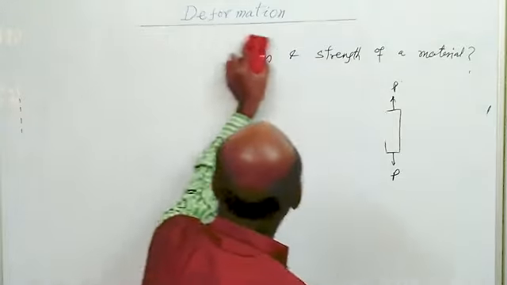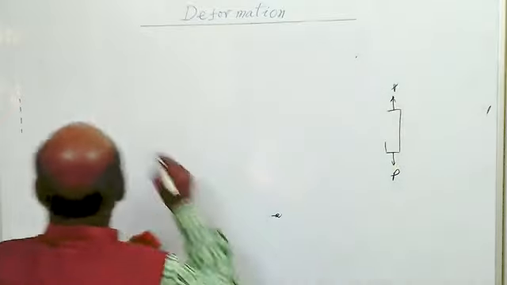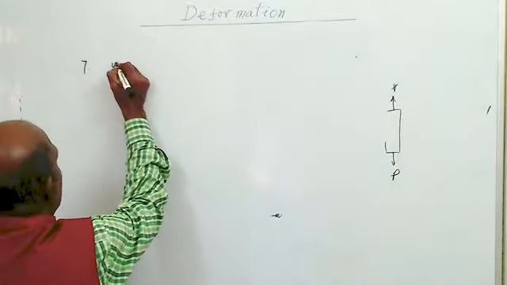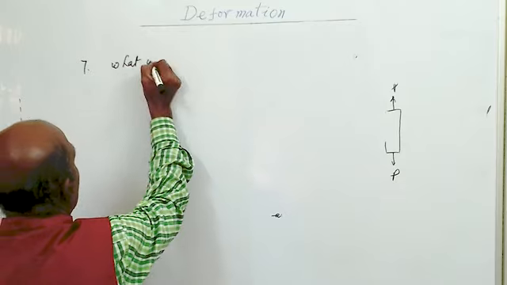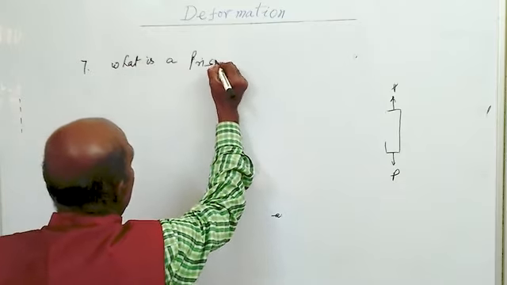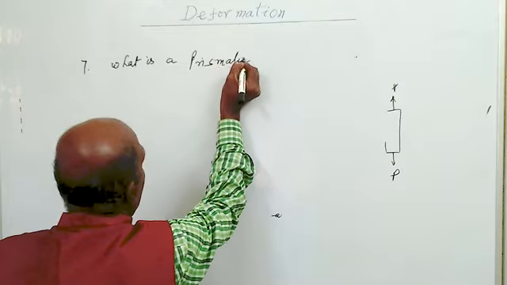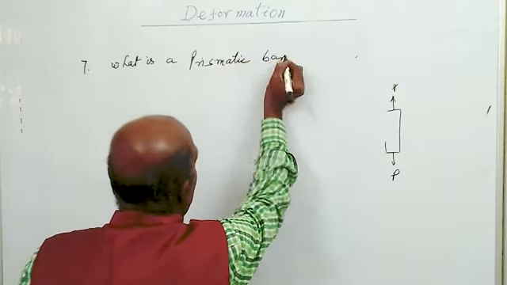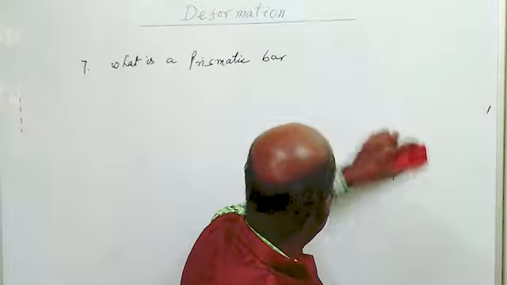Next we will discuss question number 7. What is a prismatic bar? In this subject this term keeps coming again and again.